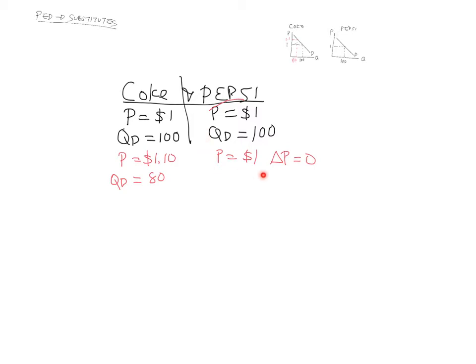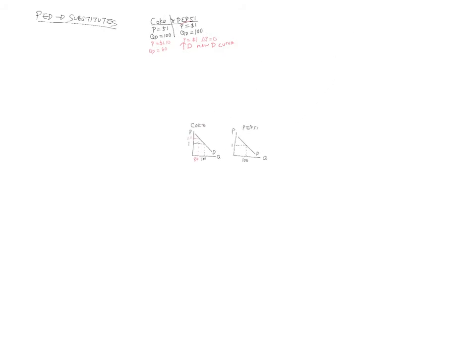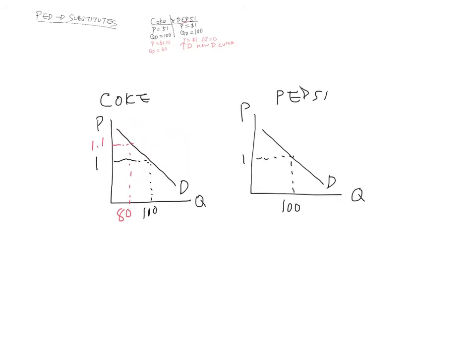So even though the price of Pepsi has not changed, there is now going to be an increase in the demand for Pepsi. So you are going to get a new demand curve for Pepsi, demand curve D1.